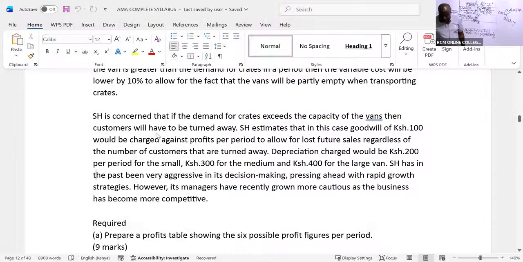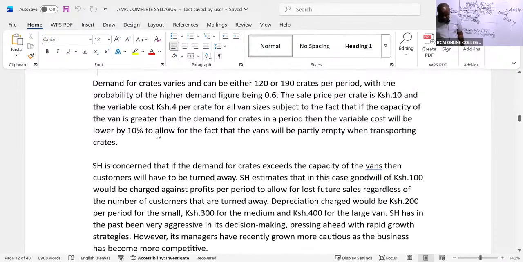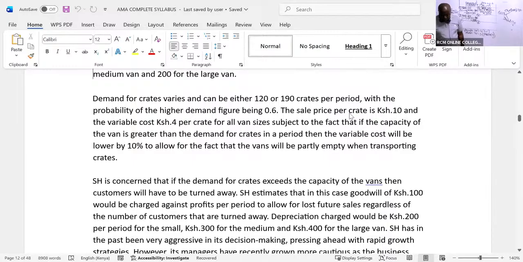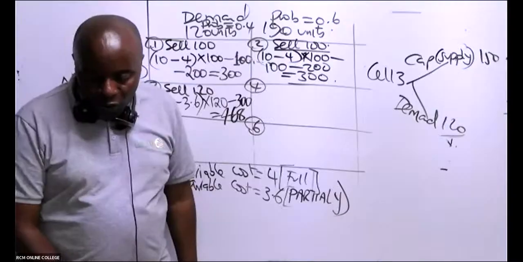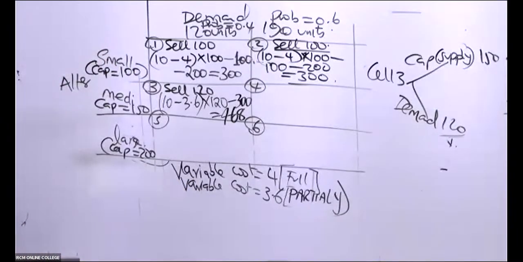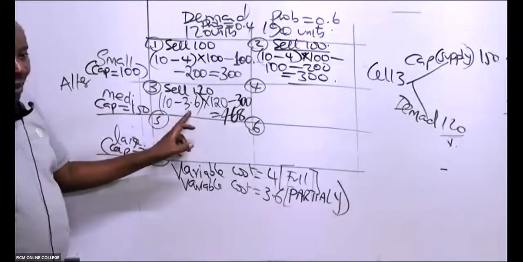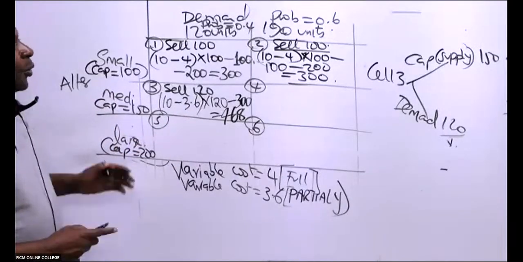They have told us that should we go down there partially empty, the sale price is like that, and the variable cost is 4 per crate for all van sizes, subject to the fact that if the capacity of the van is greater than the demand, then we shall have a variable cost being 10% lower. So 10% of 4 is 0.4. So 4 minus 0.4 gives us what here, somebody? 3.6.